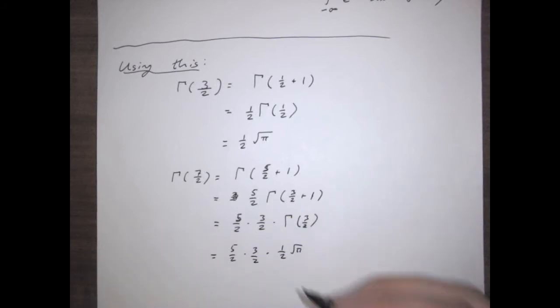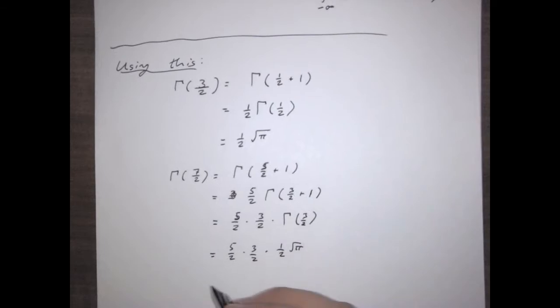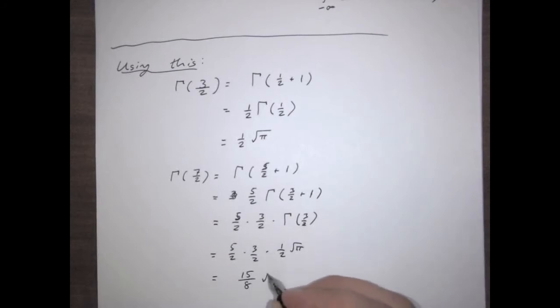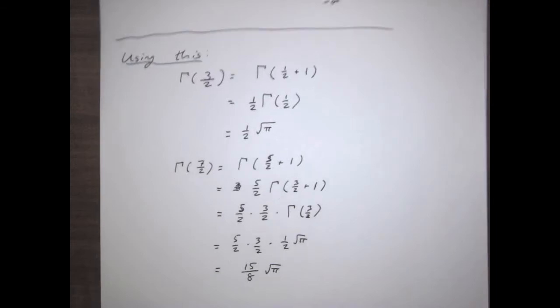Notice what's happening here is the numerators are counting down by odd numbers. The denominators are just equaling 2. So then we're going to have 5 times 3 times 1 is 15 over 8 root pi.